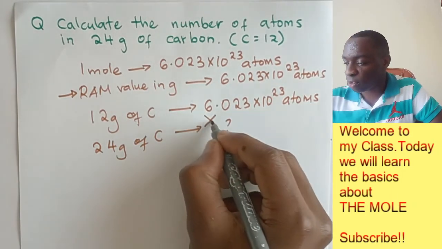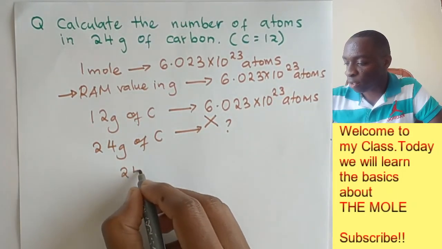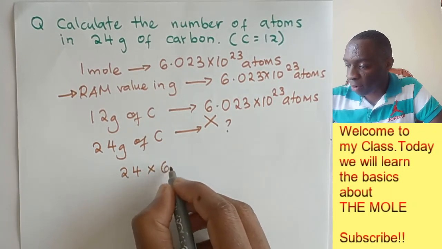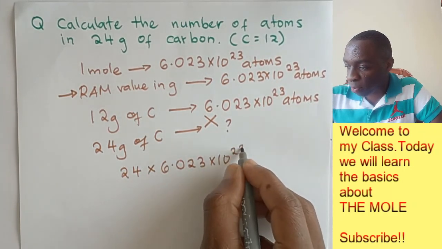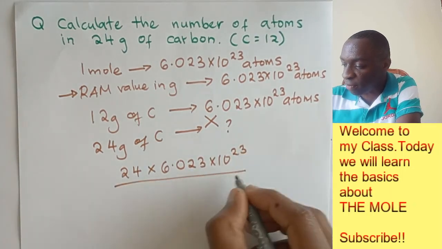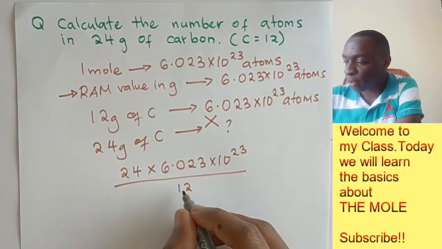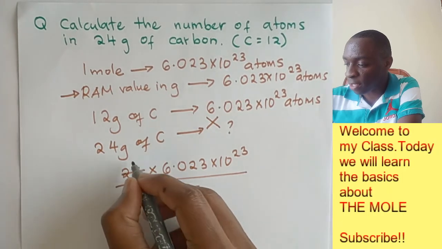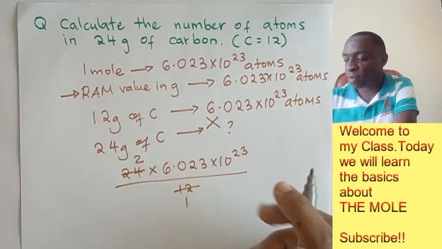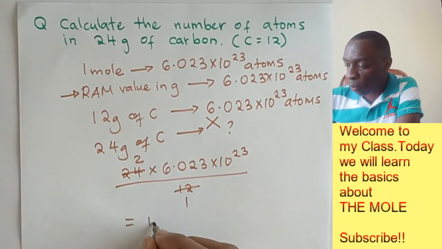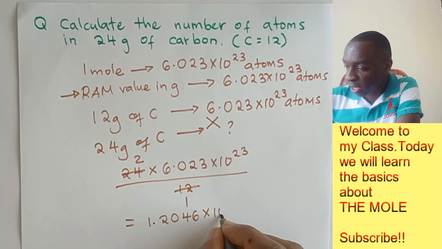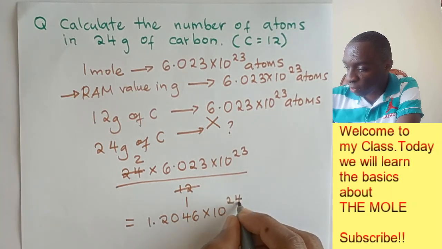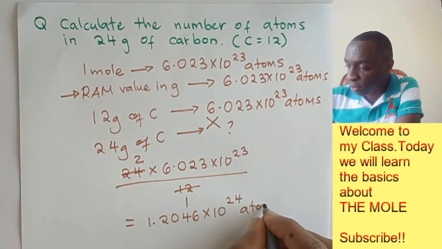So you cross multiply and you have 24 multiplied by 6.023 multiplied by 10 to the power of 23. Divide that by 12. So if you simplify this, you end up with this times 2. And this gives us 1.2046 multiplied by 10 to the power of now 24 atoms.